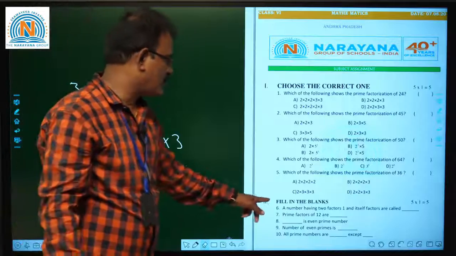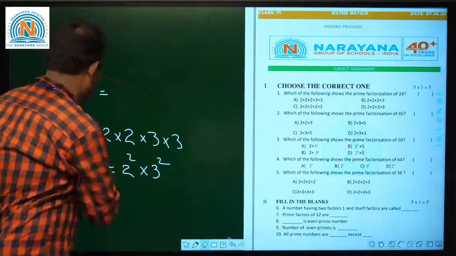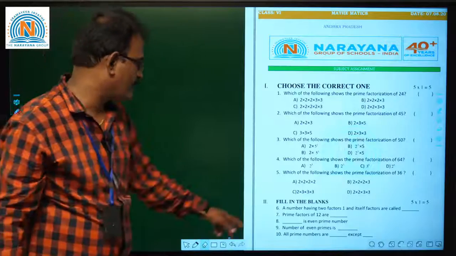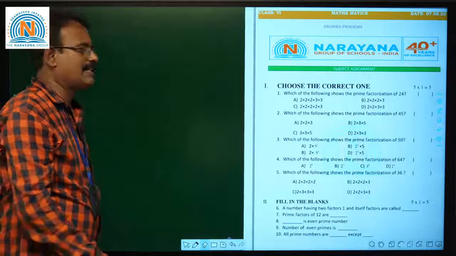Our next Roman, children, 5 blanks we have. If you observe question number 6: a number having 2 factors, 1 and itself, are called dash.